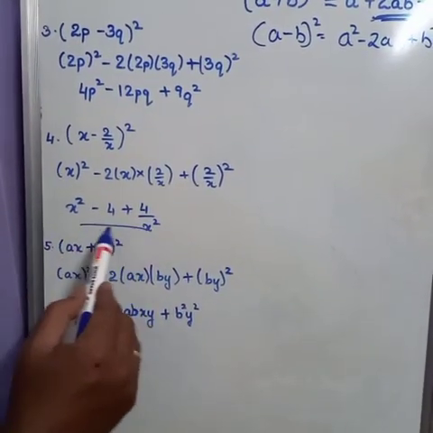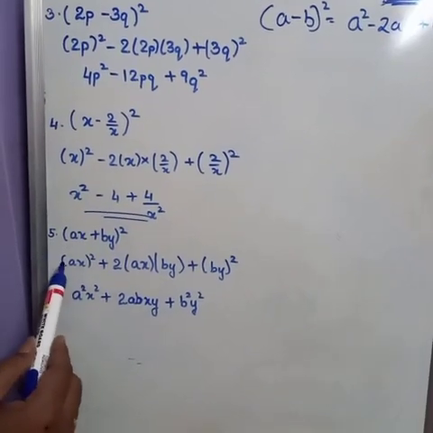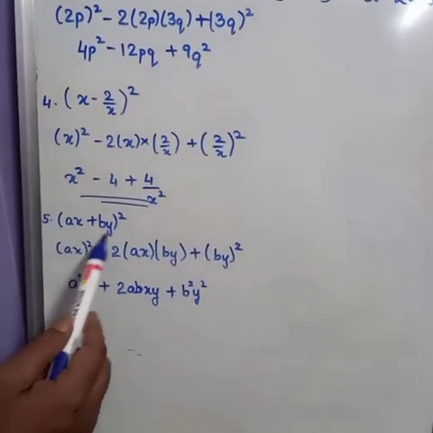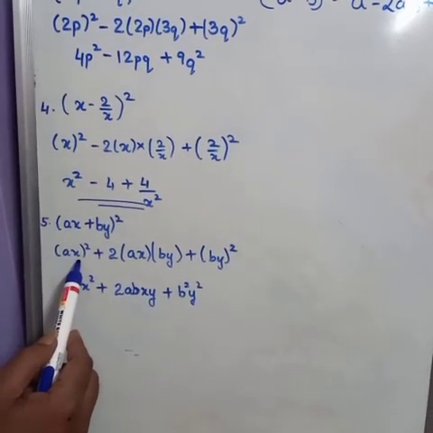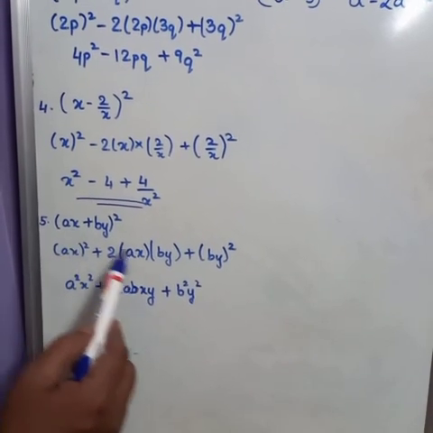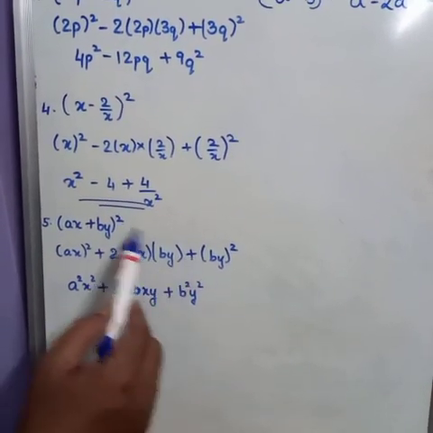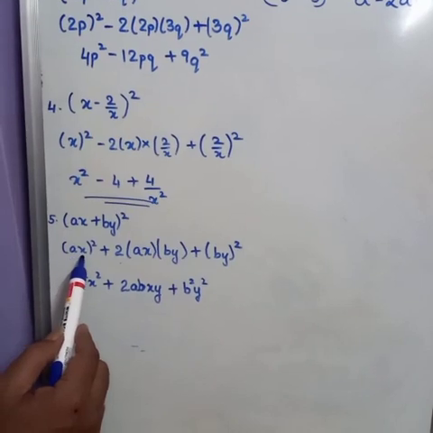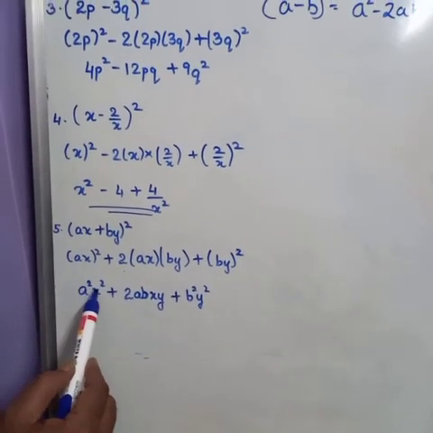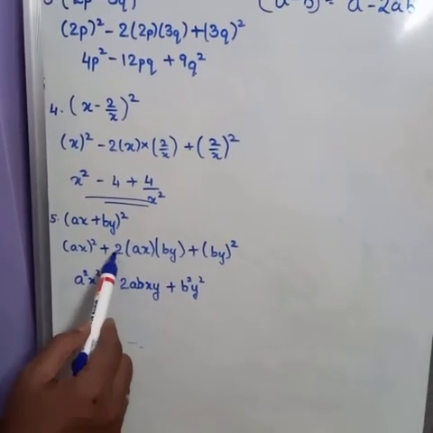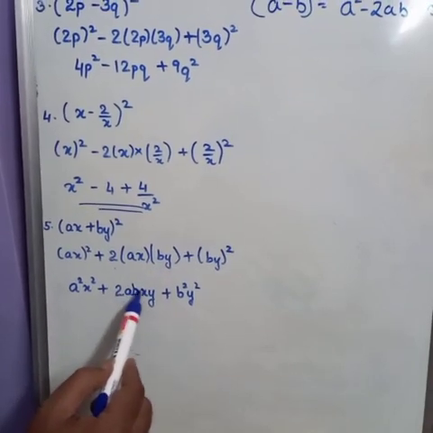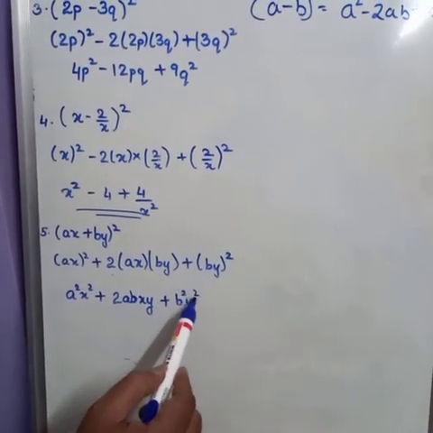The next one is (ax plus by) square. (ax) square plus 2 into ax into by plus (by) square. (ax) square, that is a square x square, plus 2ab xy plus b square y square.